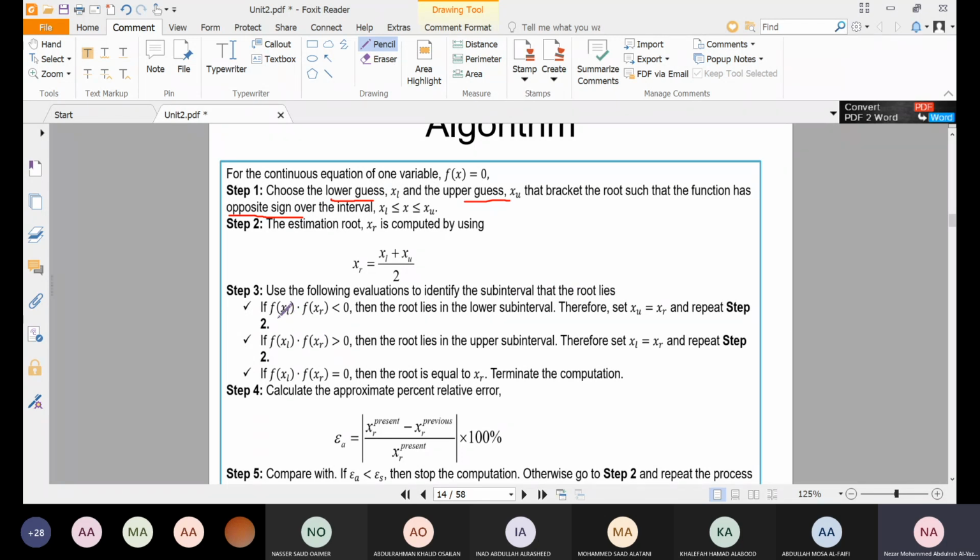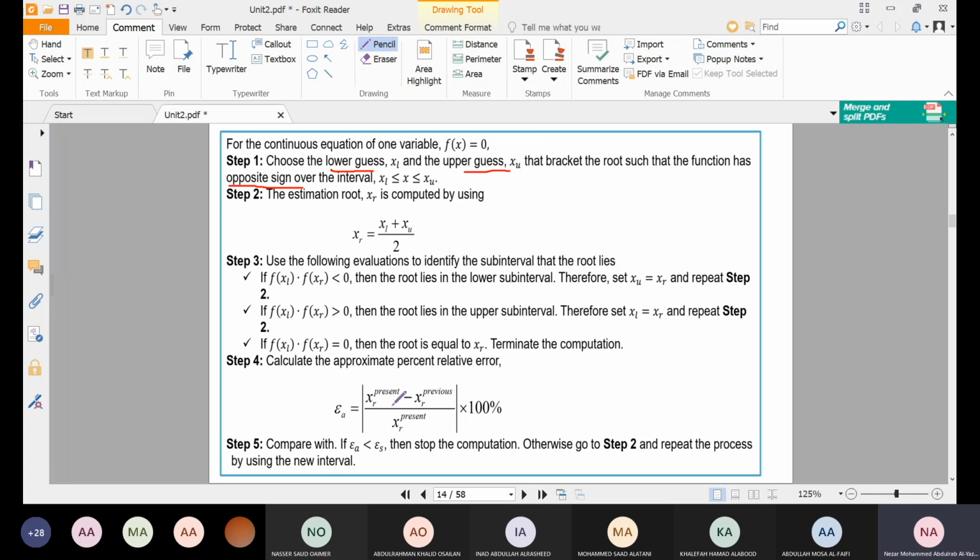If the function at the lower bound multiplied by the function at the midpoint is less than 0, I will set x_u equal to x_r. If it is greater than 0, I will set x_l equal to x_r. If it equals 0, in this case stop or break the iteration, and I will set the root equal to x_r.